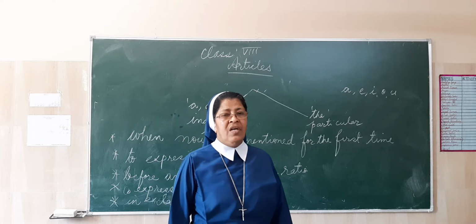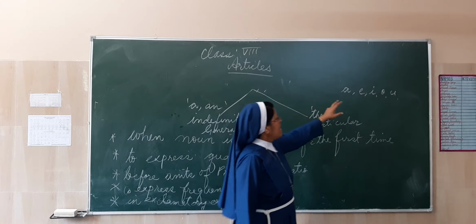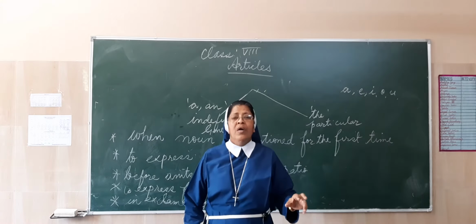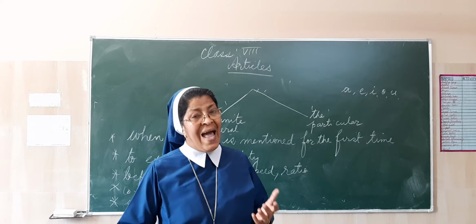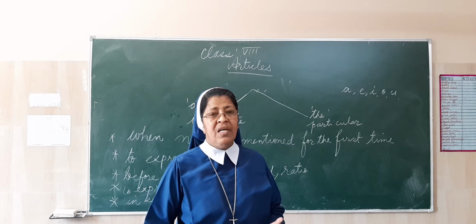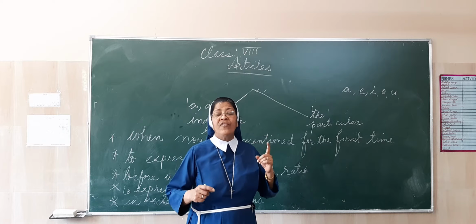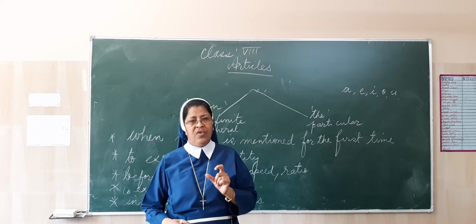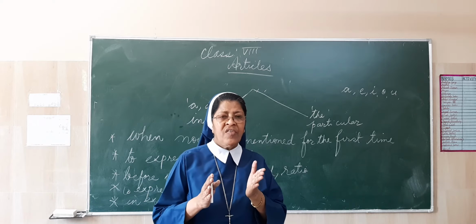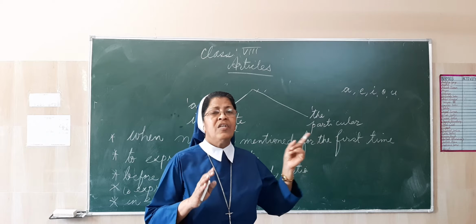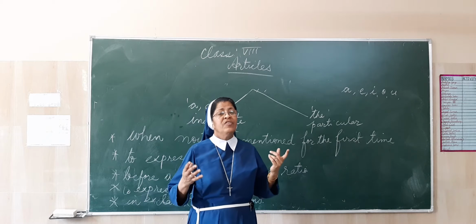Sound matters. However, we say that before A, E, I, O, U we are supposed to use an. That's what we have learned. But even then, we have to always see the sound of the word that we use. As the sound changes, the usage of the article also changes.